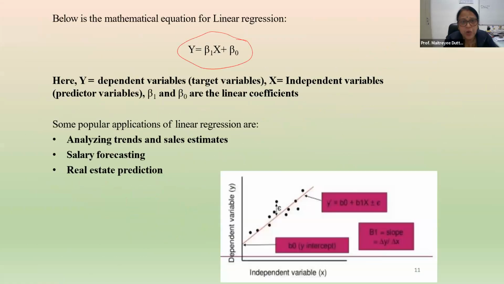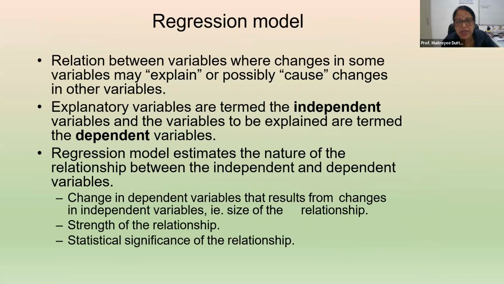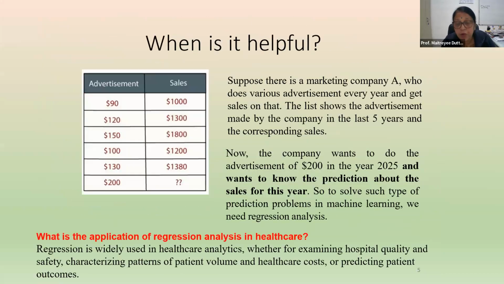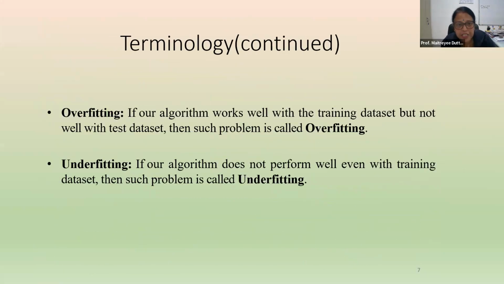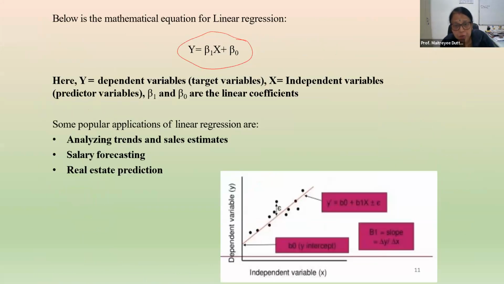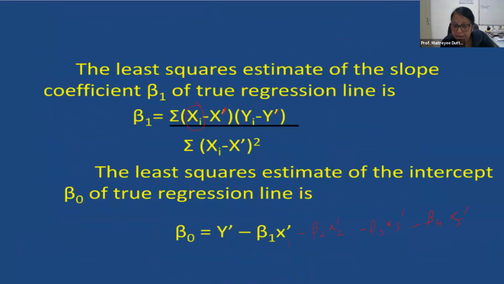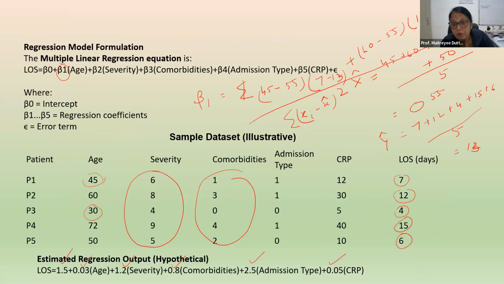So just a very quick review. We have done the regression model. We have seen why regression and where we use regression. Terminologies of regression we have seen. We have seen linear regression, how it calculates, how beta 1 and beta naught can be calculated, and with the help of a healthcare example, how the LOS can be calculated with linear regression.